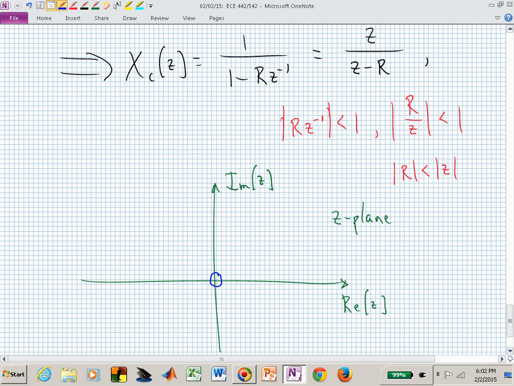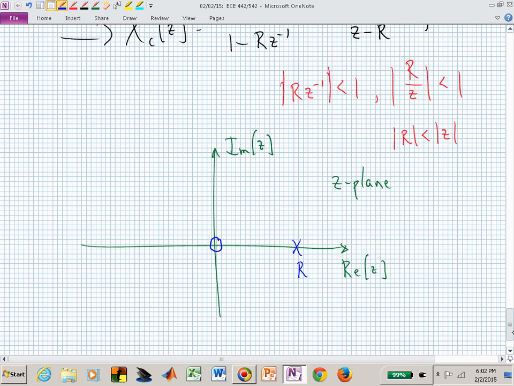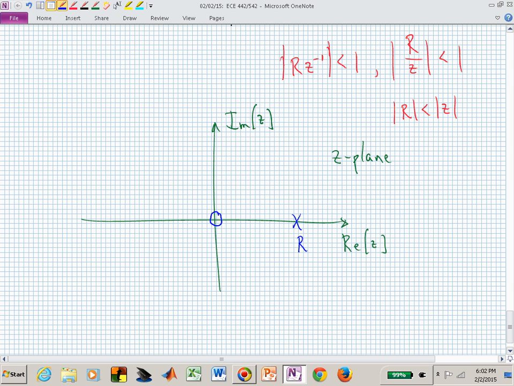If capital R was 1/2, then the pole would be at 1/2. Let me just draw a pole there at R. And relative to that pole zero diagram, where is the region of convergence of that transform?